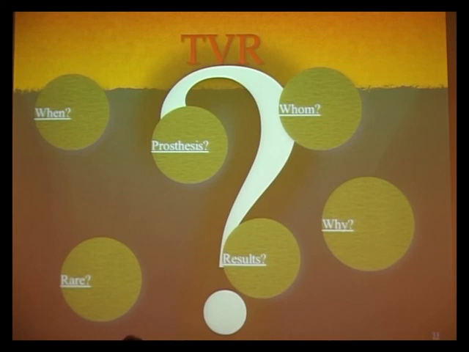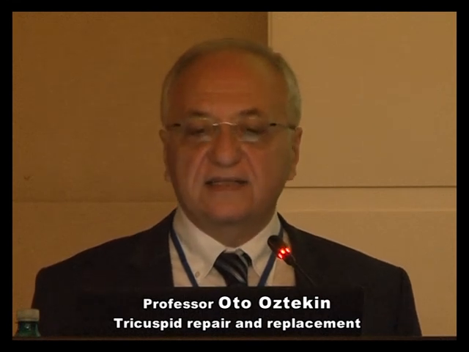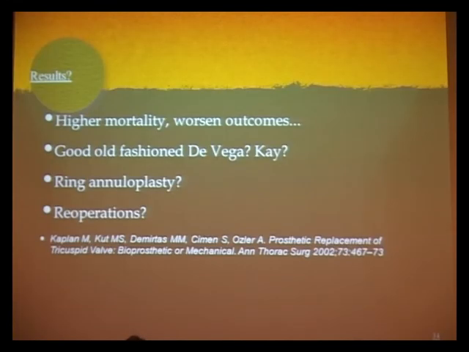Although all over the world there is a common tendency to perform repair, when you evaluate the results, there is not a big difference from the mortality and survival point of view. Then when should we perform replacement, on whom, and why, and what are the results for tricuspid valve replacement?